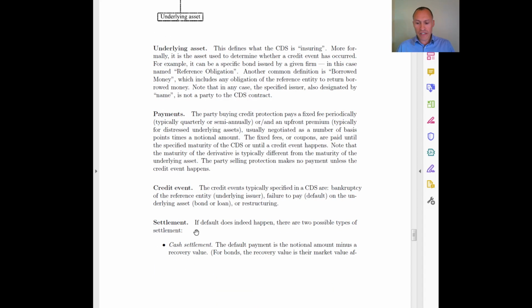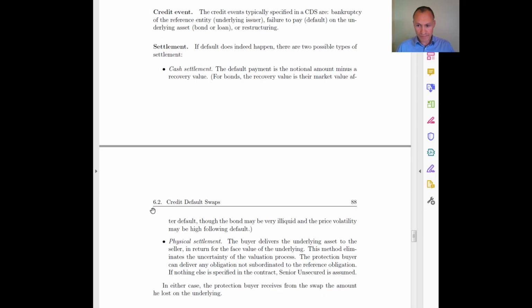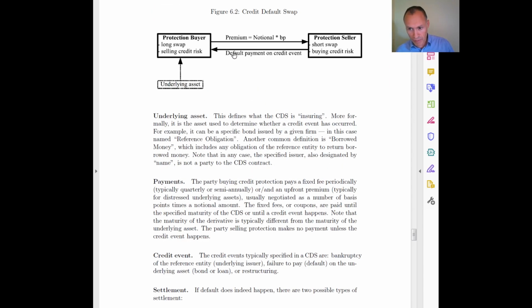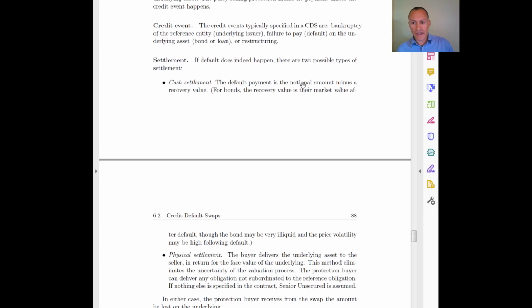We can have cash settlement or physical settlement. The first one, cash settlement, is, as the name suggests, if there is a default payment, so if there is something here to be paid, it is just a given amount of money, which will be the notional that is insured minus a recovery value, okay, the recovery value of the bond that is specified in the contract.